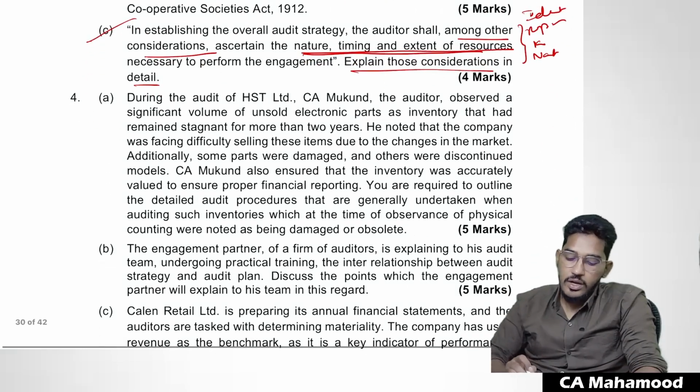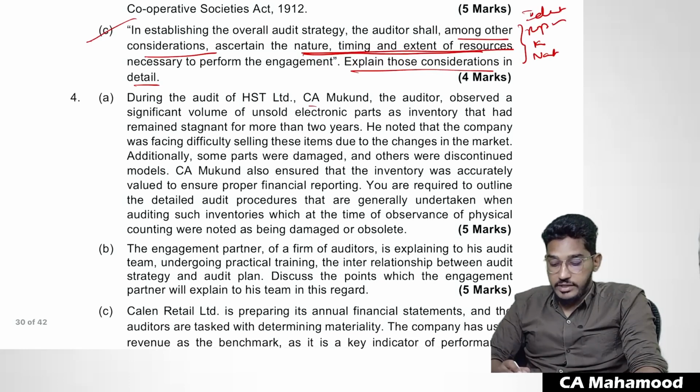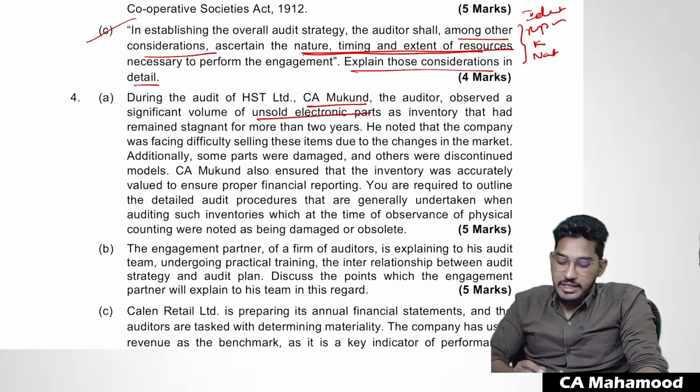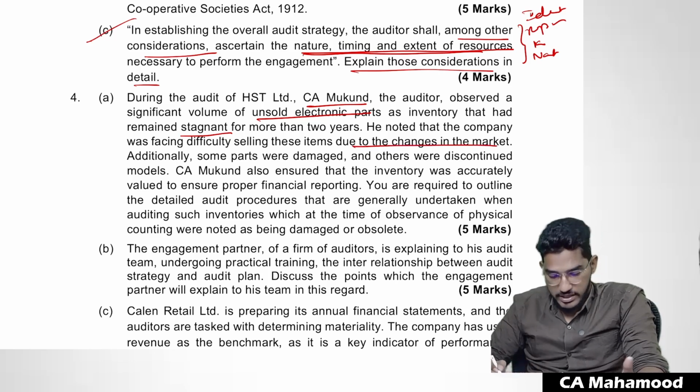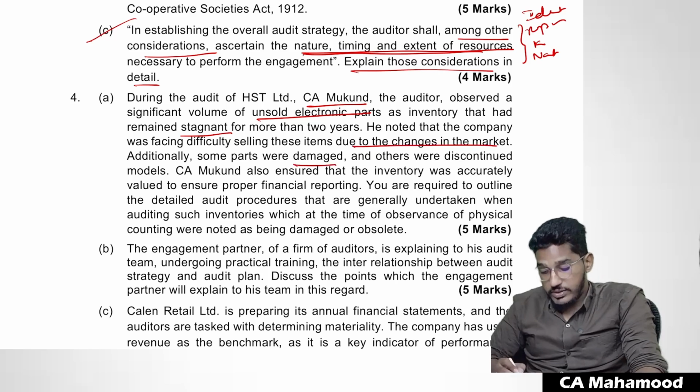Next. During the audit of HST Limited, CA Mukund, the auditor, observed a significant volume of unsold electronic parts as inventory that had remained stagnant for more than 2 years, obsolete stock. He noted that the company was facing difficulty selling these items due to changes in the market. Additionally, some parts were also damaged and others were discontinued models.